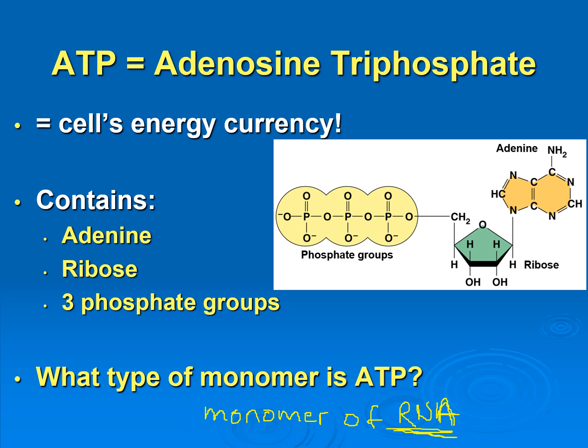Okay, and one of the jobs of RNA is to help make the proteins that the genes code for. So ATP is a monomer of RNA. So I definitely would know what ATP stands for, what its 3 parts are, and that it's a monomer of RNA.